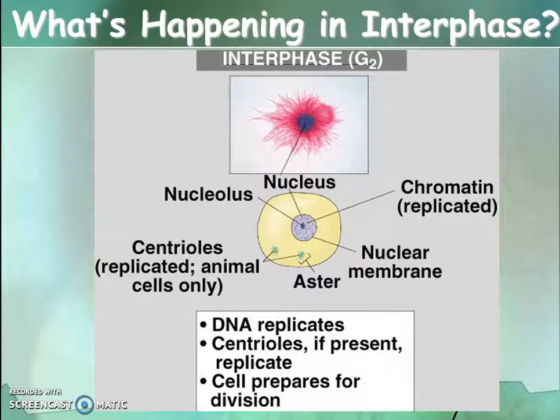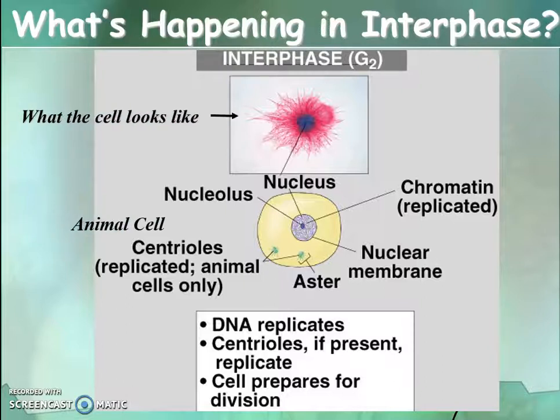So this is the whole picture of what is happening in the interphase. You can see DNA replicates, centrioles, if they are present, replicate, and the cell prepares for the division. All these cell structures, you can see nucleolus, centrioles, nuclear membrane, chromatid, are replicated.